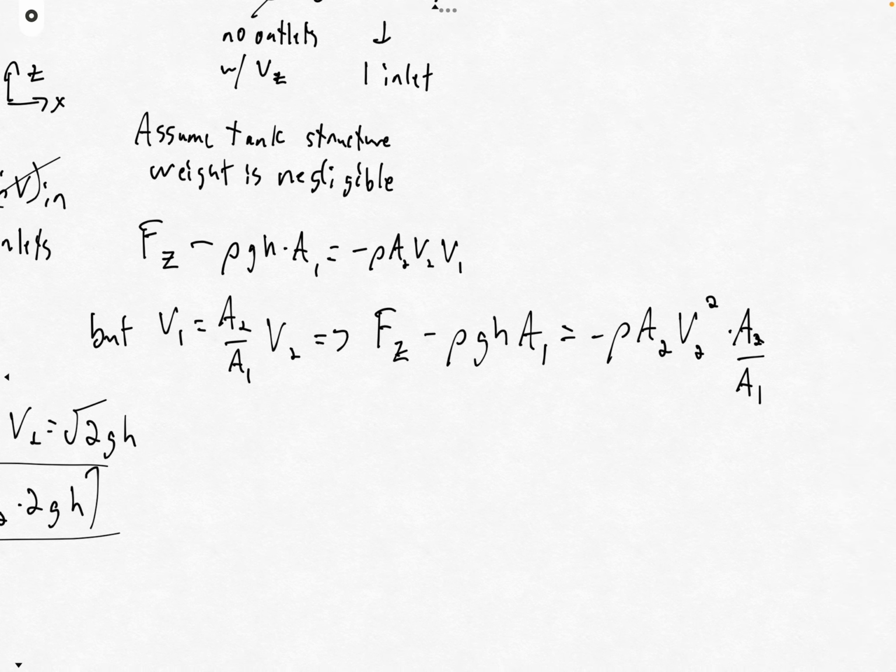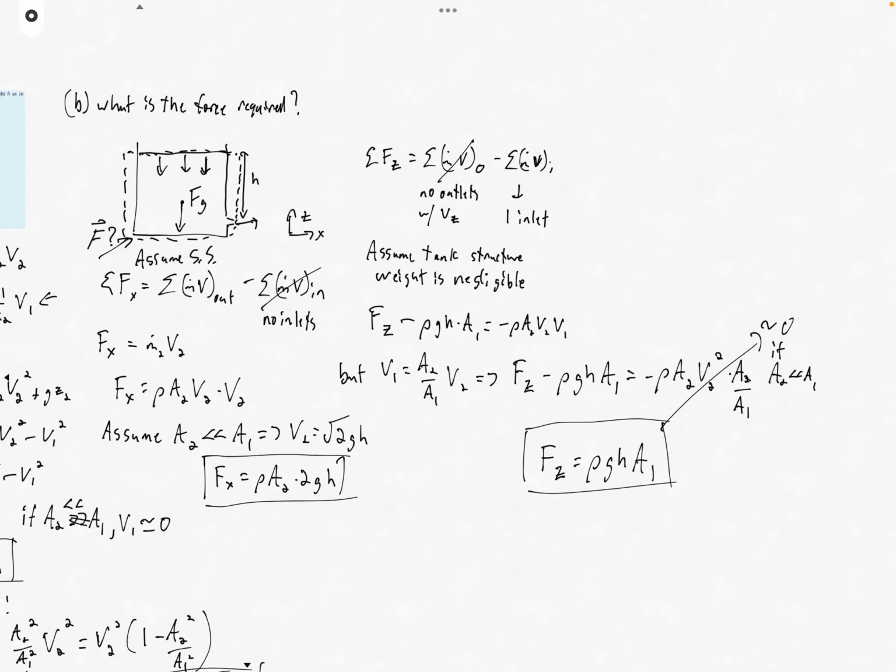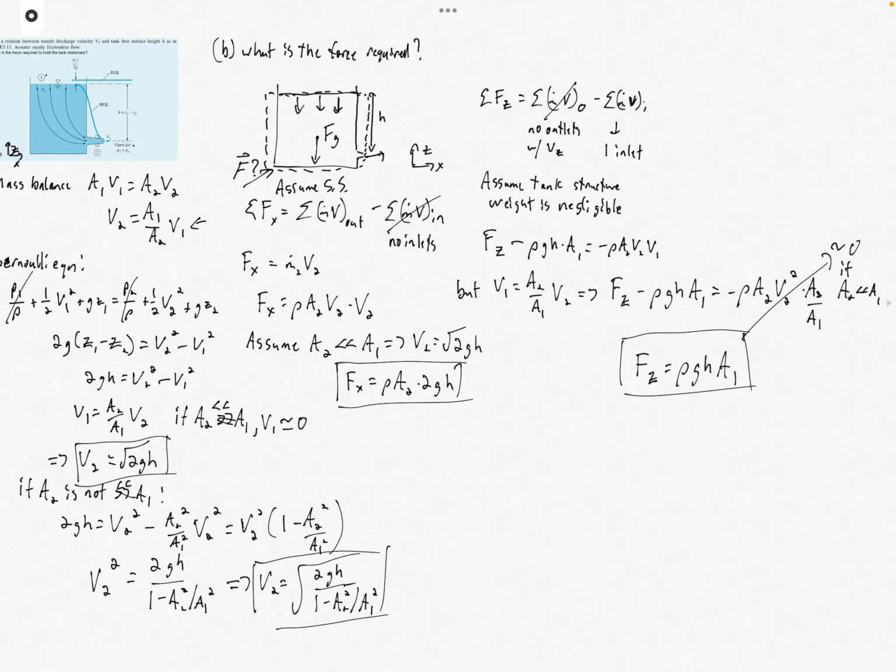But if A2 is much less than A1, then this whole term is going to drop out. It's going to be approximately 0. And so what we're actually left with is that Fz is equal to rho g h times A1. So the force required to hold this container stationary in the z direction is basically just due to the weight of the fluid that is inside of the container. So that's a result that should make sense.